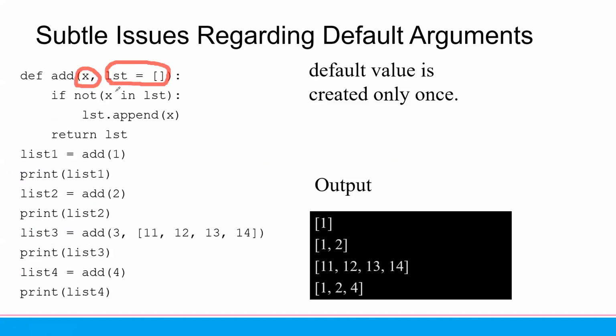And then for list in here, I want to make a default value which is empty. If x not in lst, then lst.append(x) and then return lst.